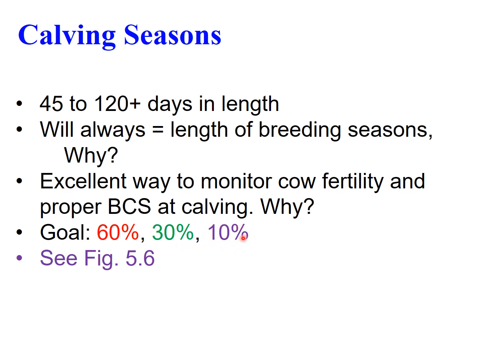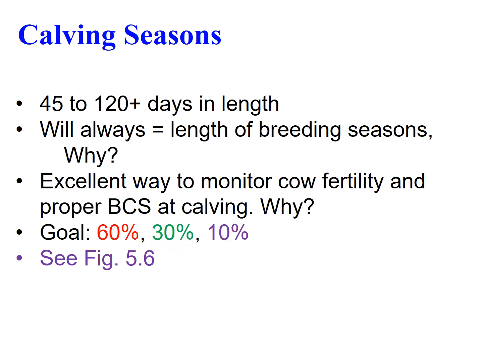That means our cows were cycling and fertile when we turned the bull out. They were ready to go. So I like to refer to this as the 60-30-10 rule. Let's get 60% of our cows bred in the first third of the breeding season, so they'll calve in the first third of the calving season, followed by 30%, followed by 10%.